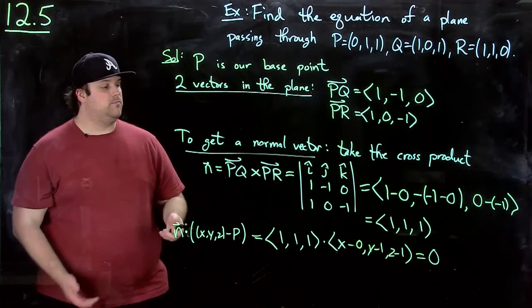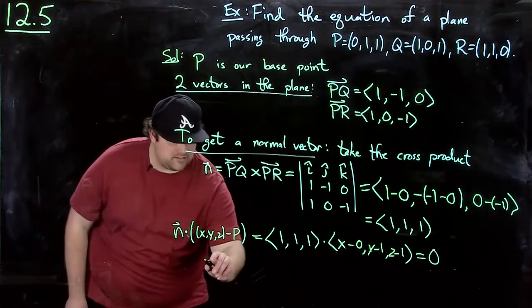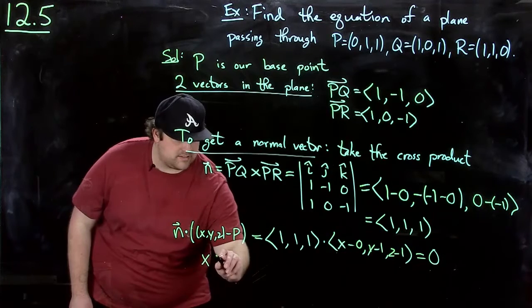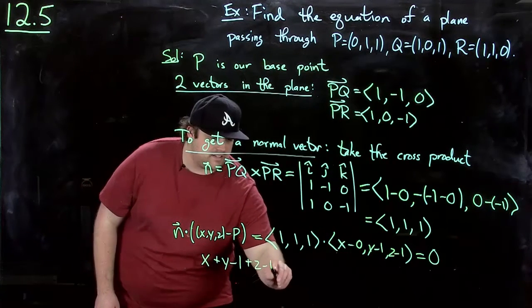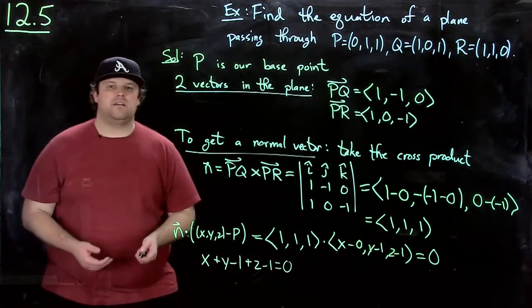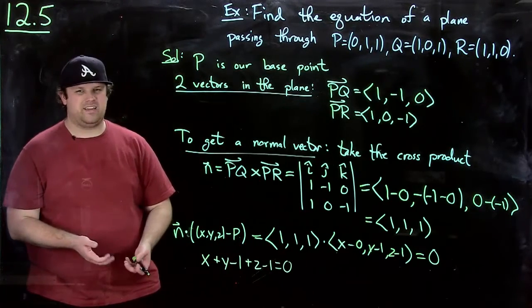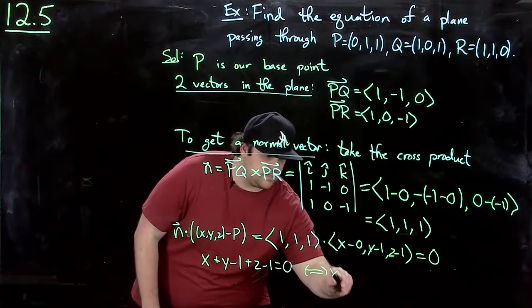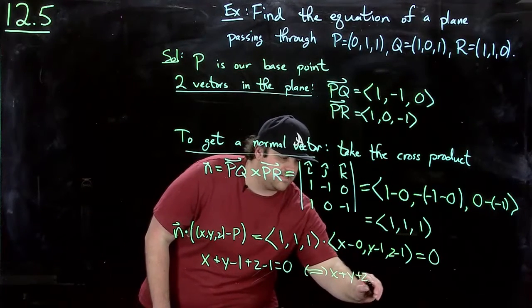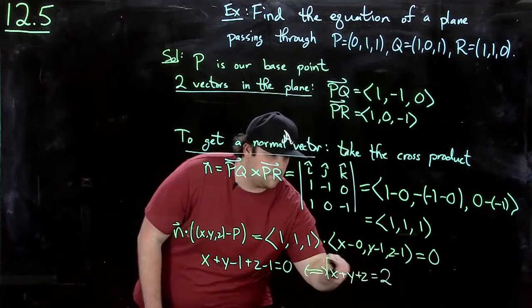So if we write out this dot product, we get x plus y minus 1 plus z minus 1 is 0. And we can move things around and get that that's the same as x plus y plus z equals 2.